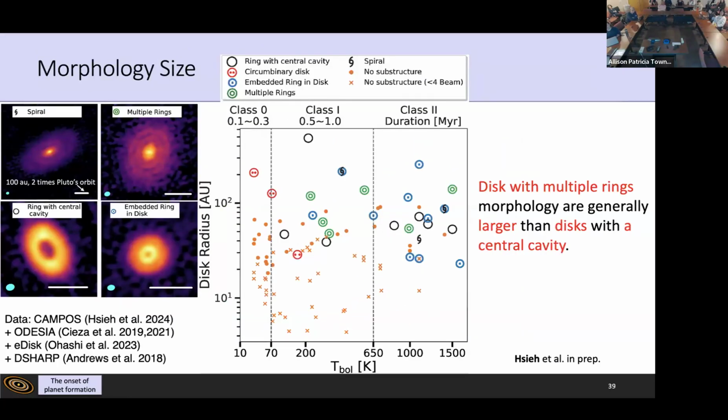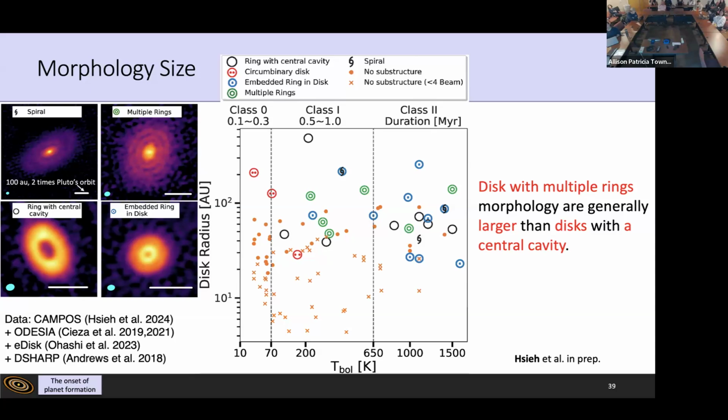And the next thing I did is I classified the substructures into different classes based on morphology. So there are spirals, multiple rings, ring with a central cavity, and embedded ring in disk. I plotted them as a function of bolometric temperature, and you can see that they're all scattered across the whole plot.